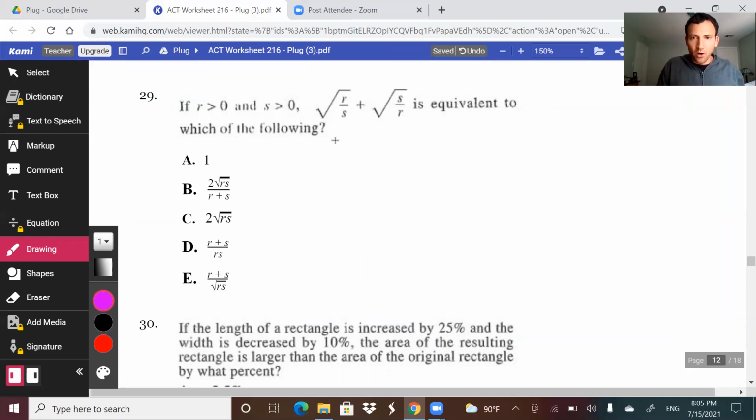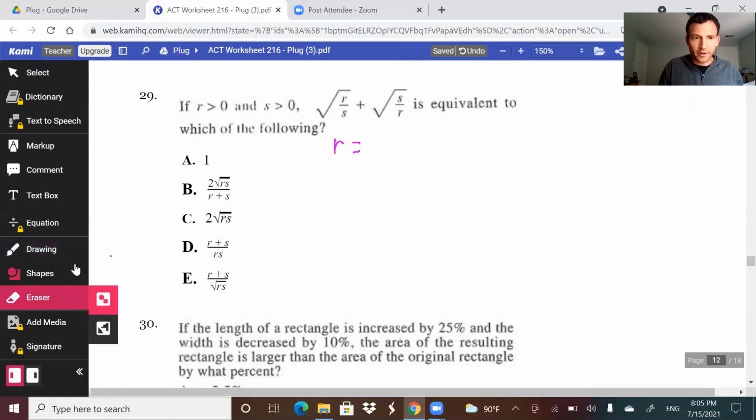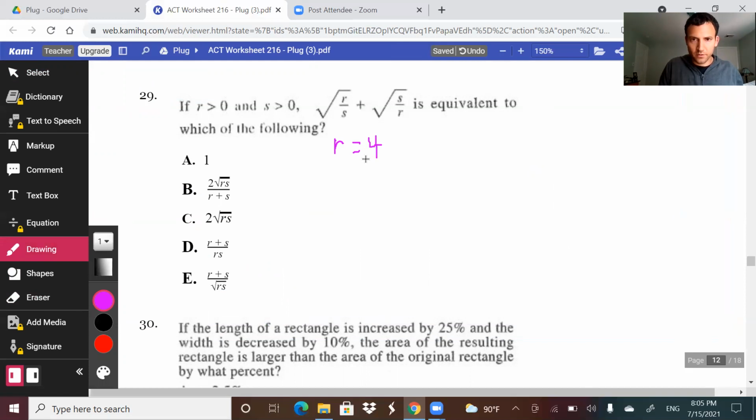So we made R equal 2. Or actually, we made R equal 4, didn't we? We made R equal 4. We made S equal 2. And what we got is the square root of 2, right? Yes. And then the square root of 1/2.